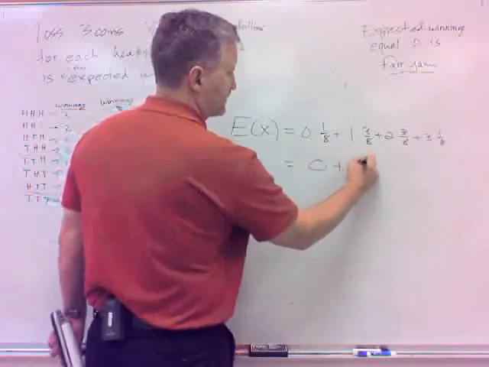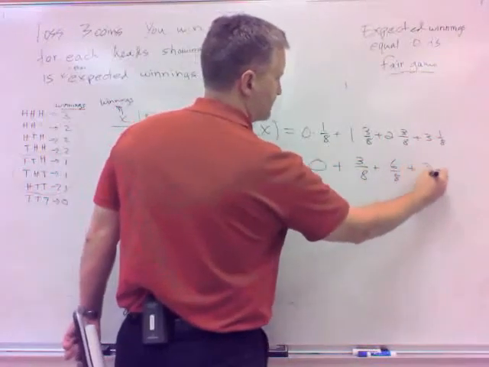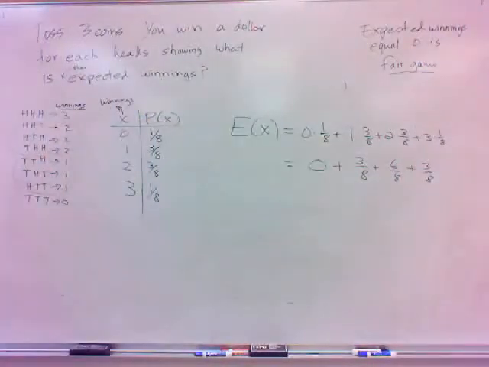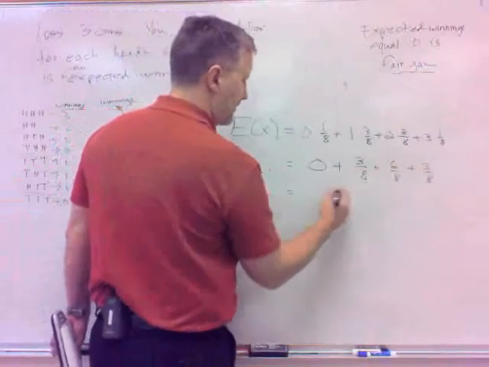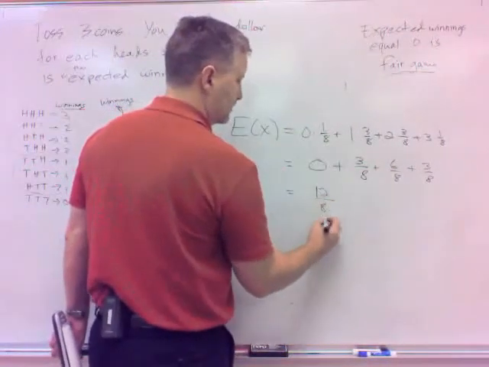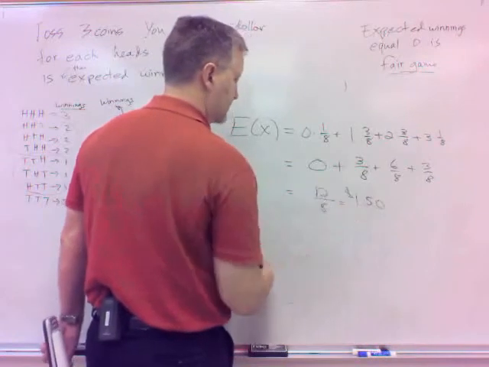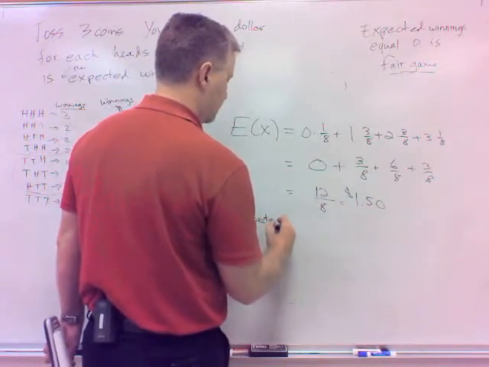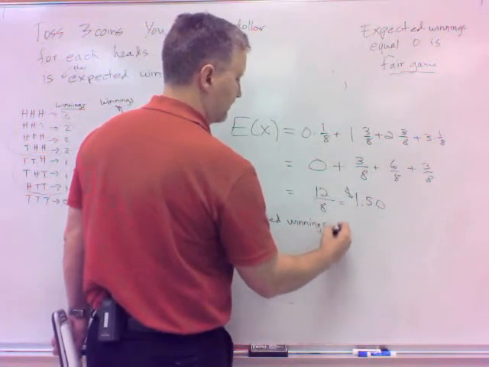That's 3/8, 6/8, 3/8. Which is, what is that? 3/8, 6/8, 9, 12/8, which is 1.5 or $1.50. So the expected winnings here is $1.50.